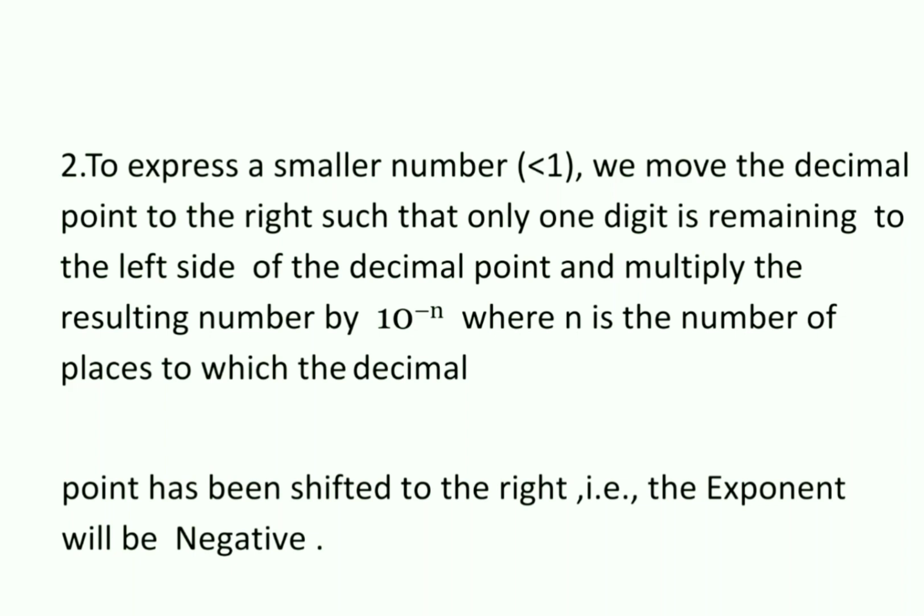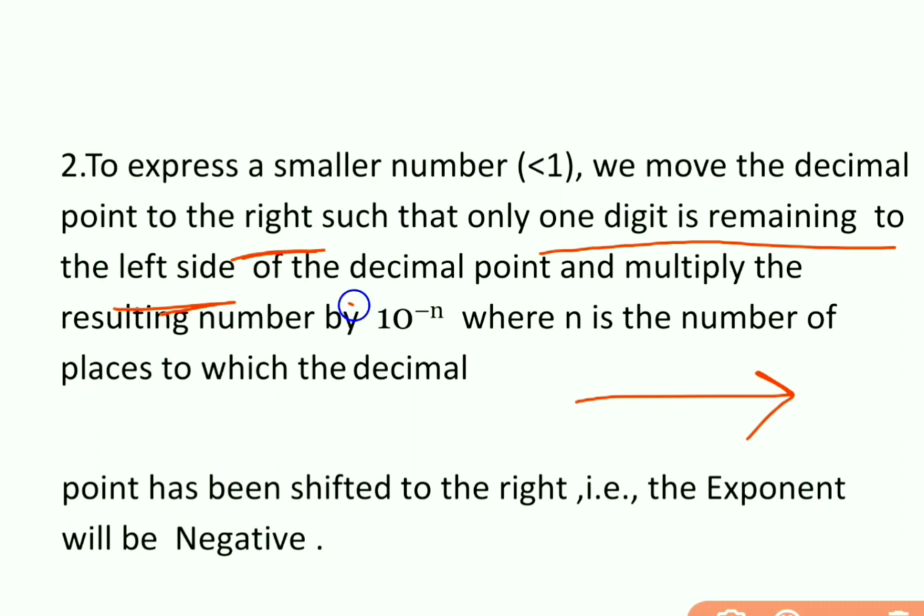Second, we will learn how to express a smaller number which is less than 1 in its standard form. For this, we have to move the decimal point to the right, such that only one digit is remaining to the left side of the decimal point. This is the decimal point and its left side.